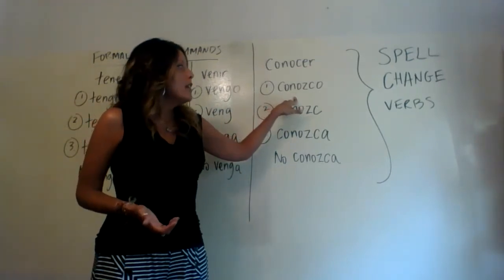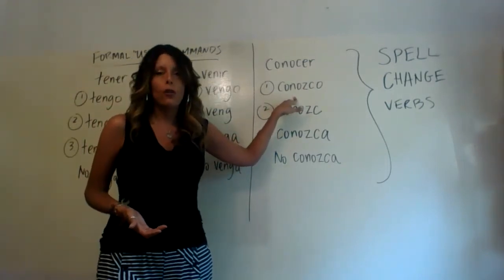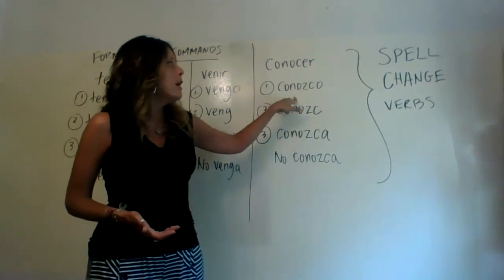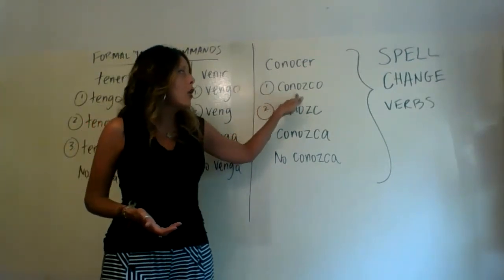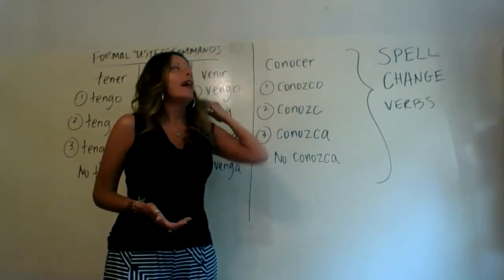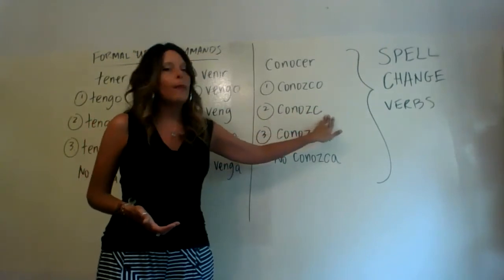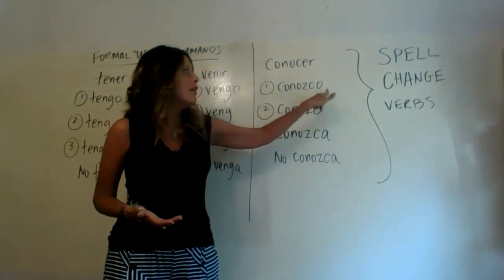The yo conjugation of conocer in the present tense is conozco, spelled C-O-N-O-Z-C-O. Then we take it to step 2, and we basically just drop the O that we found right here.